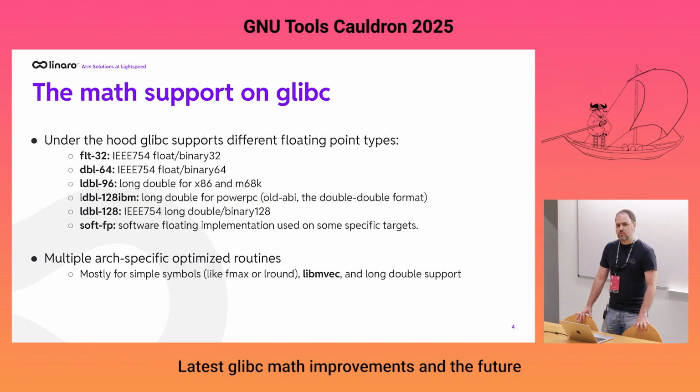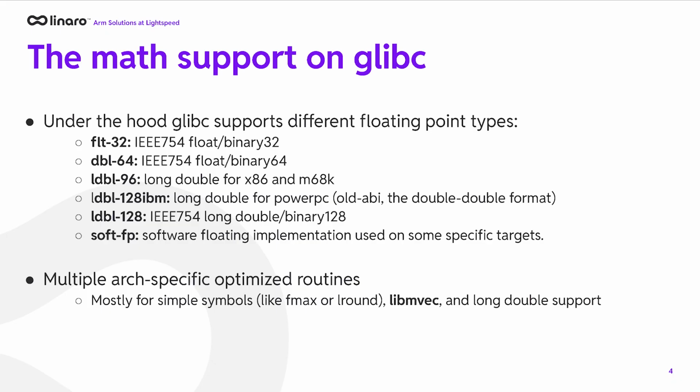So under the hood, we have a lot of implementations for different floating types. We have the default one, which is float and binary32. We have double support. We have this double 96, which is used by some x86 and M68K support. It's a mixture between C implementations and assembly ones.